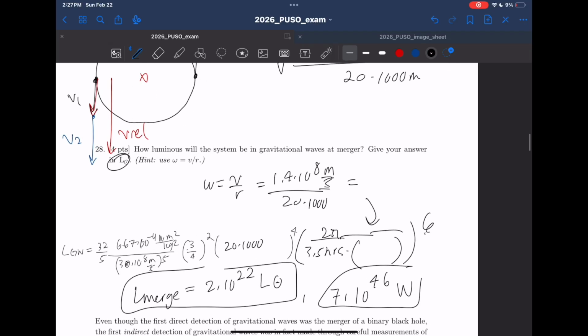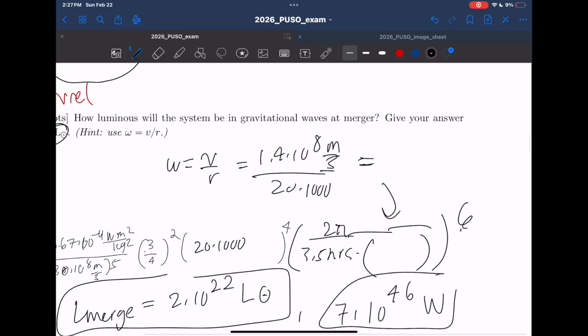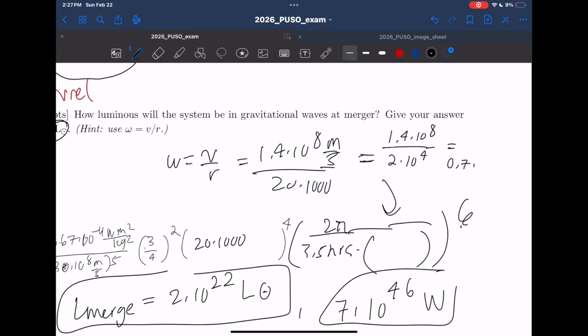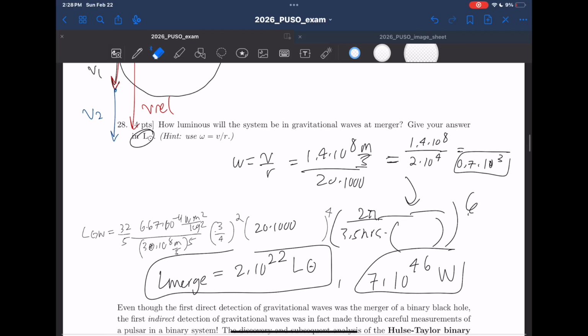I guess one thing is you can do this calculation right here, since this is 1.4 times 10 to the 8th times 2 times 10 to the 4th. So then you're going to get like 0.7 times 10 to the 3rd for your frequency. Oh wait, this should also be replaced for your general frequency here. This will replace that entire frequency right here.